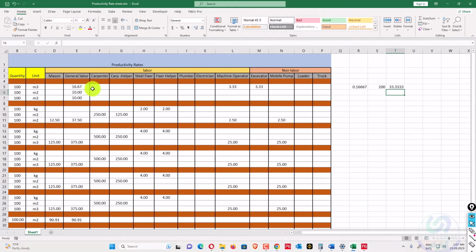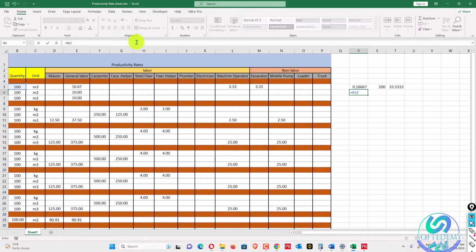If we have 16.67, how can we make a productivity, where we have quantity divided by hour? The easy formula to calculate that is quantity divided by 16.67, so we have about 6 quantity per hour.